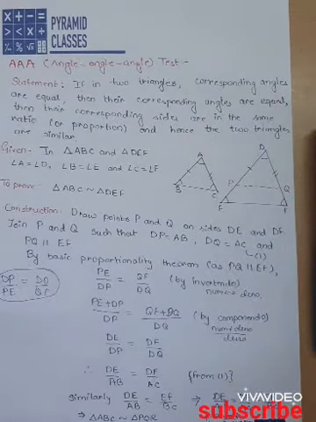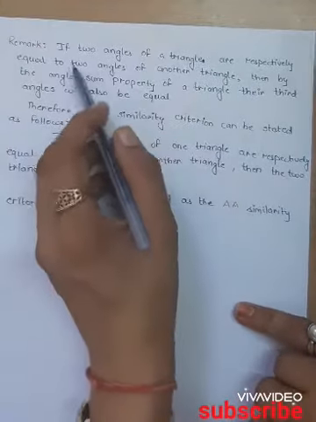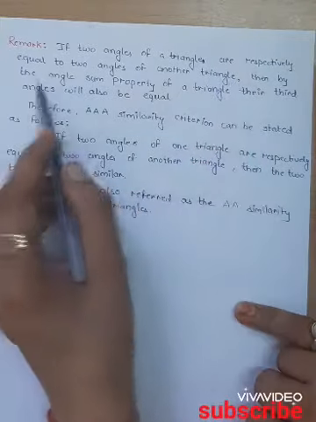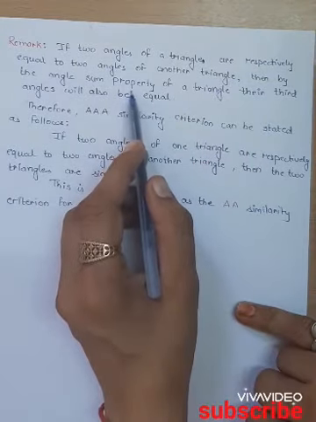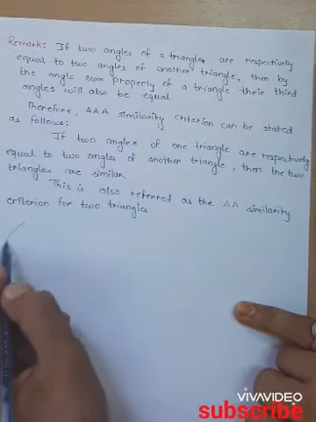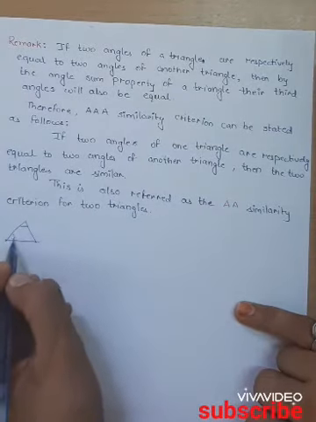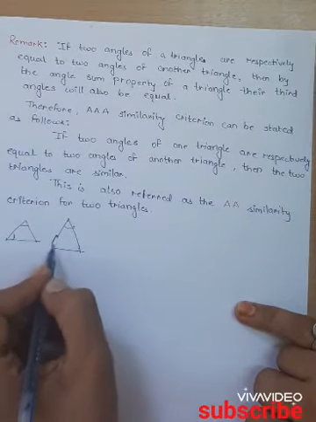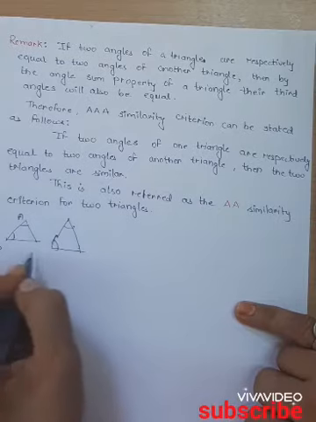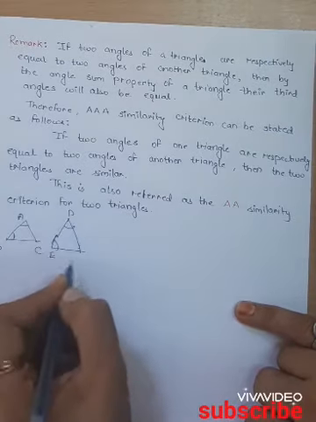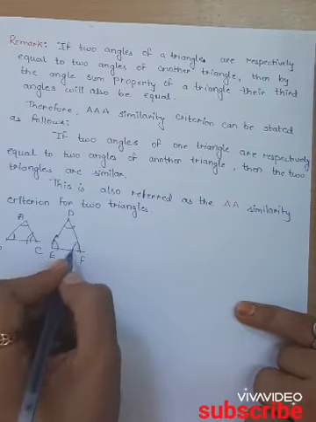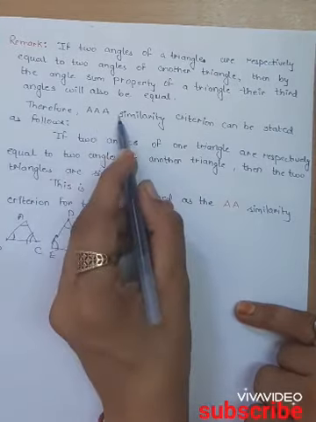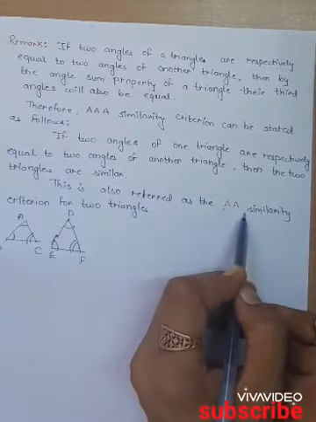Hence, proved. One note should be kept in mind: if two angles of a triangle are respectively equal to two angles of another triangle, then the third angles will automatically be equal, since the third angle is determined by the sum of the angles. So in place of triple A similarity, we can also use AA similarity.